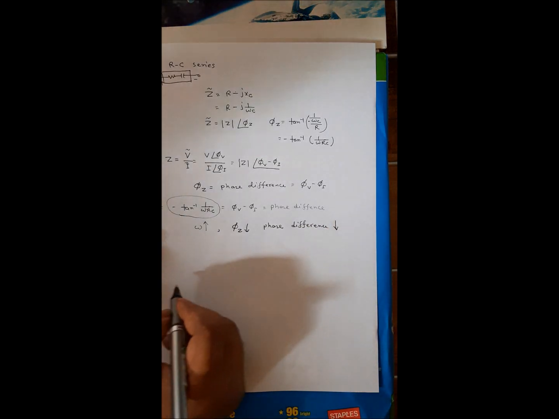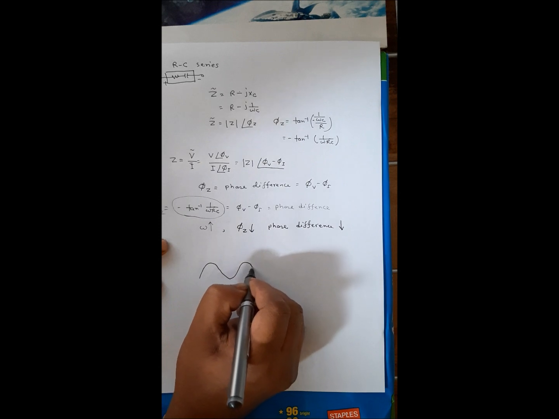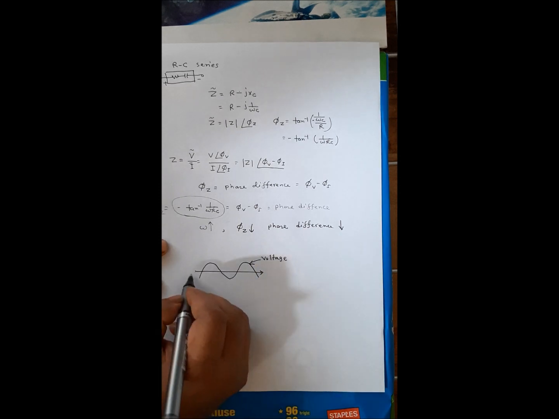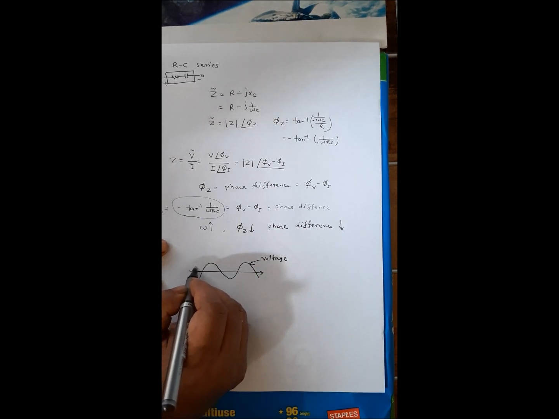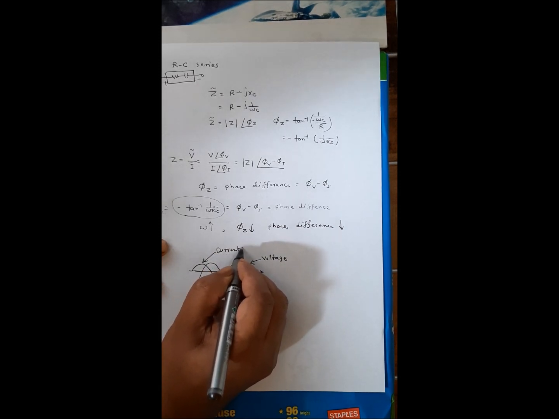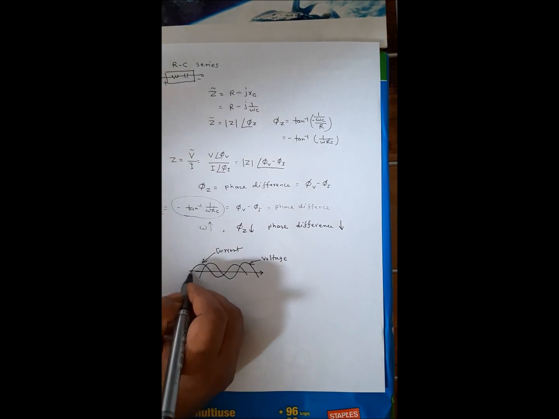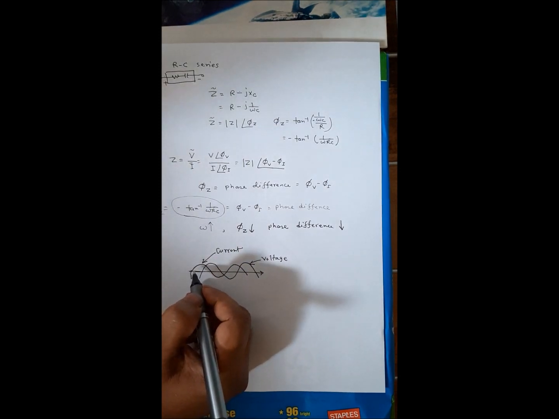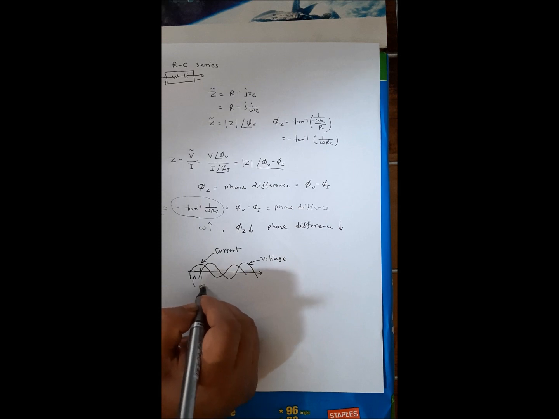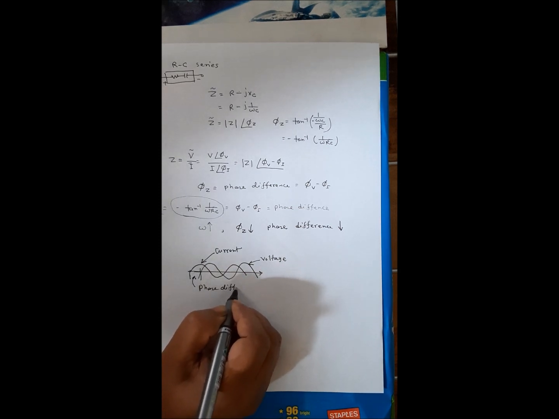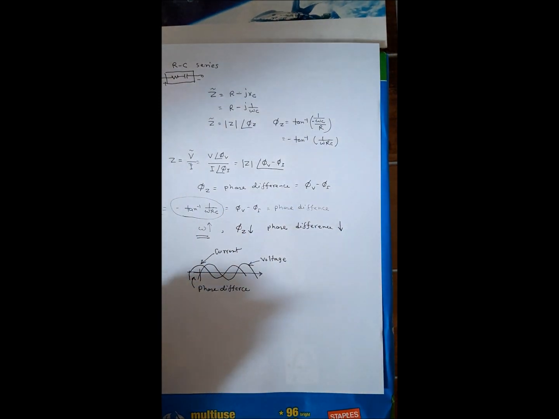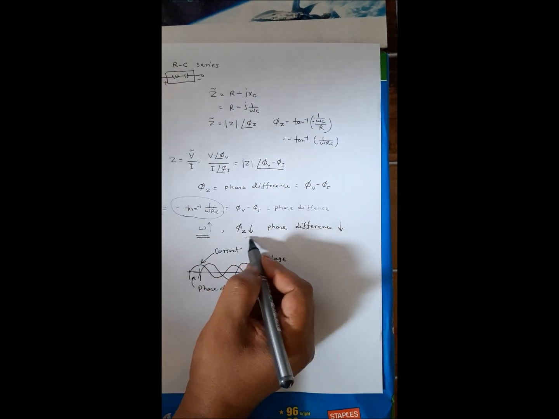So let us assume that this is your voltage wave shape, and this is your current wave shape. Current is leading because it is RC circuit, and this is the phase difference. So now if you increase the frequency of the input signal, the phase difference will decrease.